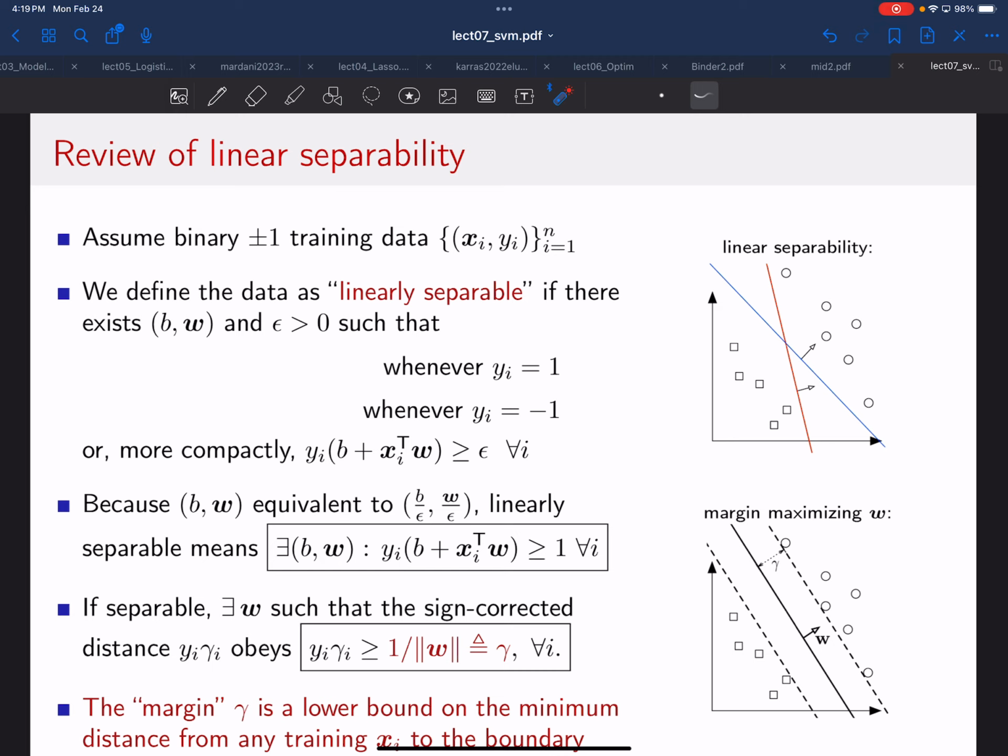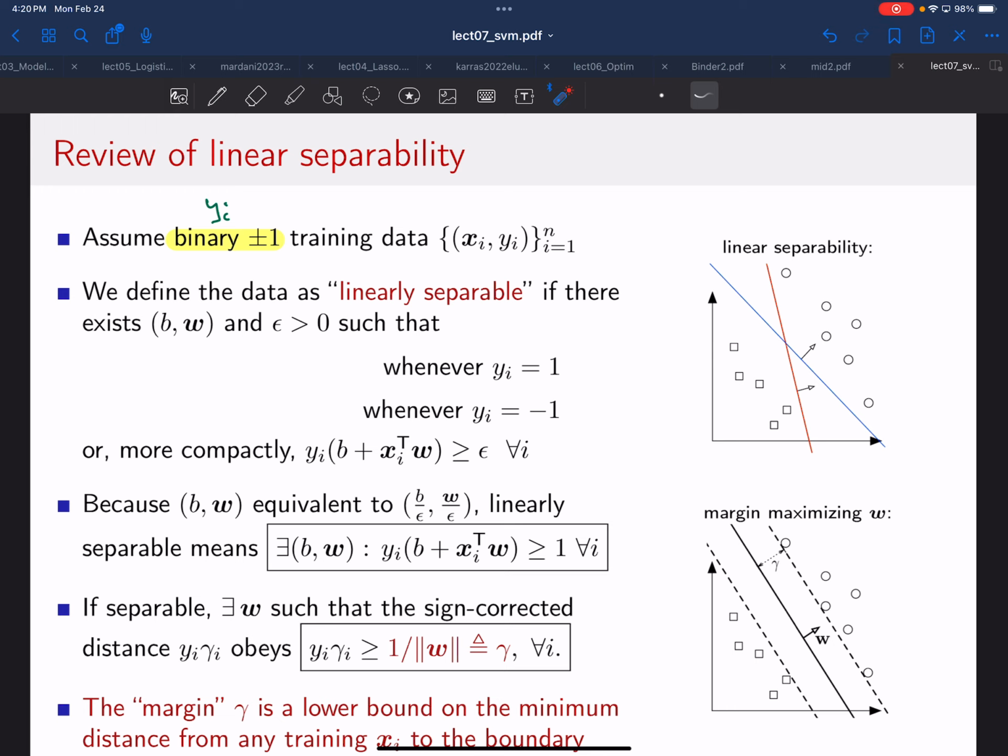So now let's try to make it a bit more mathematical. To make the notation easier, we're going to assume that the yi's are plus minus 1. You can do everything for general y, but the notation gets more complicated. So we're going to do this just to make it simpler to describe. Okay, so let's start with maybe the most obvious mathematical definition of linearly separable.